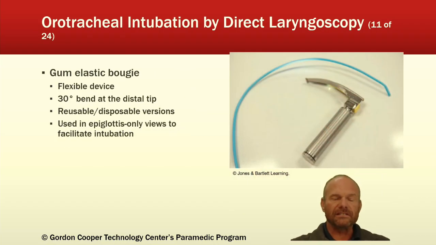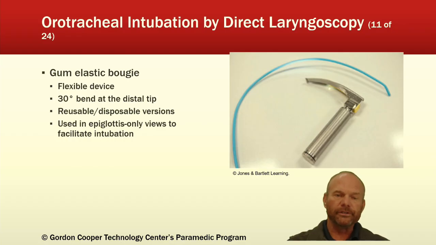Now, the bougie. We really push using the bougie here. When people get out in the field they can do whatever they want, but this is a safeguard to help you get your airway the first time. It's a flexible device with sizes marked on it, and a 30-degree bend at the distal tip to help navigate the airway during challenging intubations.